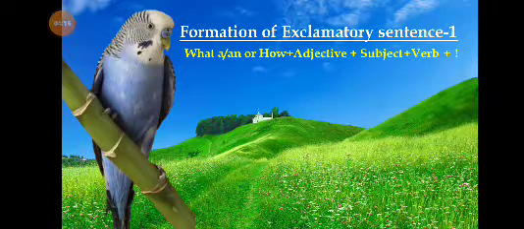So we can form the exclamatory sentence with what a and how. We must notice the article in the sentence. If we see a or an, then we will make it with what, and if we don't see any article like a and an, then we will form it with how.